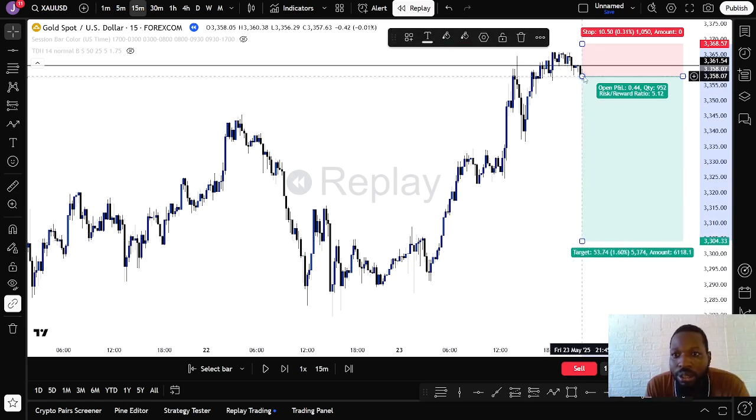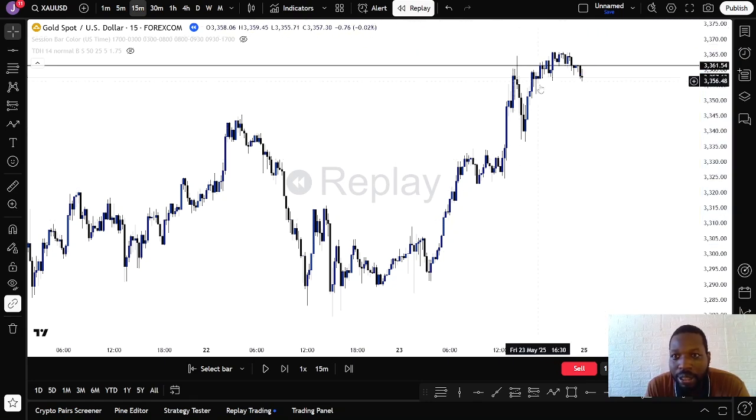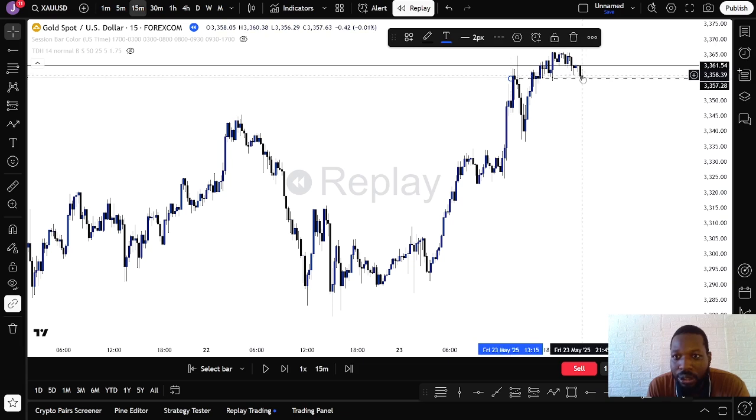But you can also enter this trade after it has broken this neckline, this neckline here, right? So you can enter from this zone.